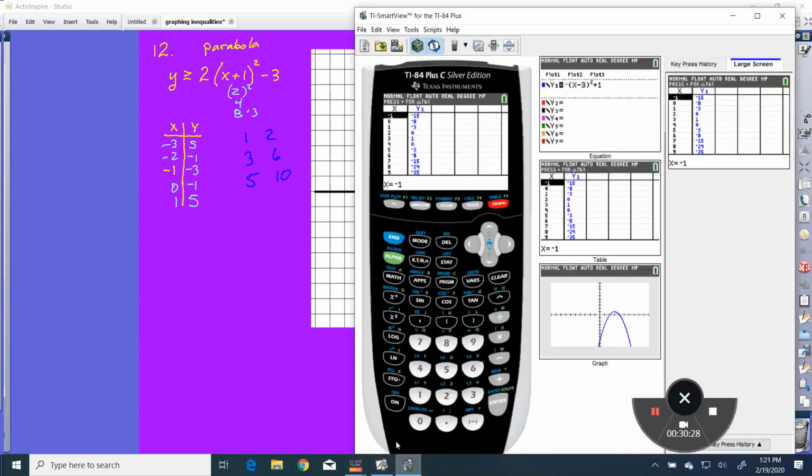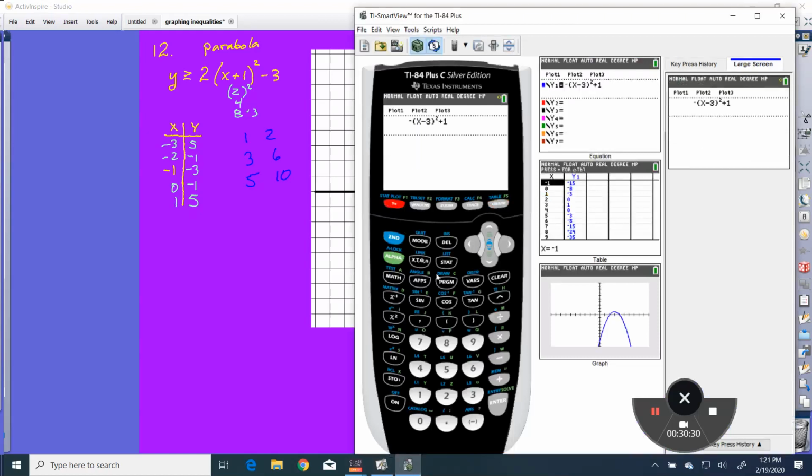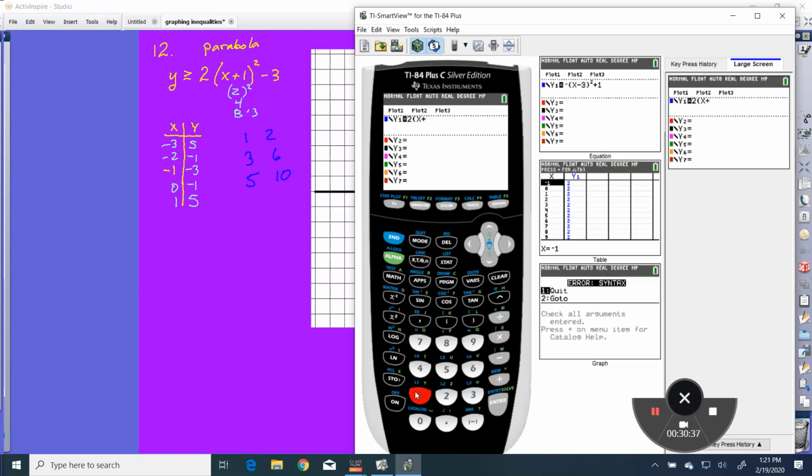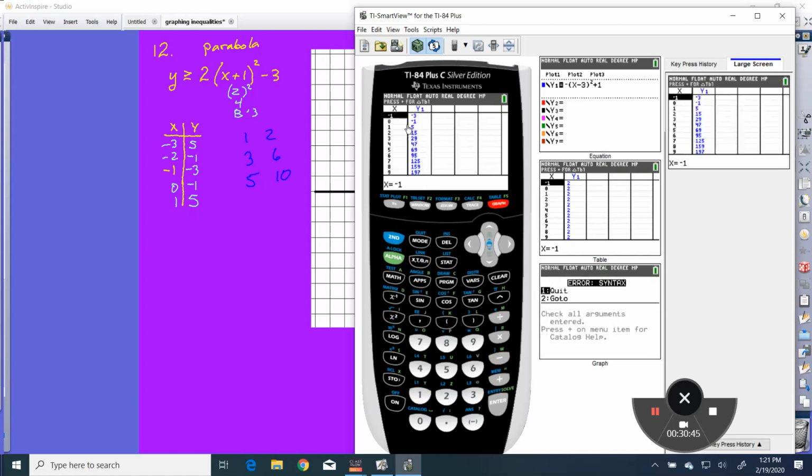Or you can go to your calculator. Y equals, clear, 2 parentheses, x plus 1 squared minus 3, second graph. There's my table. Okay? So I want to find where it's kind of seeing the symmetrical pattern here. There's my 5 numbers that I should plot so that I can draw my graph and make it look good.